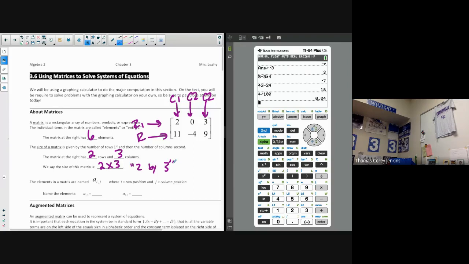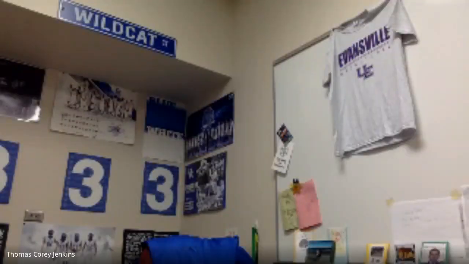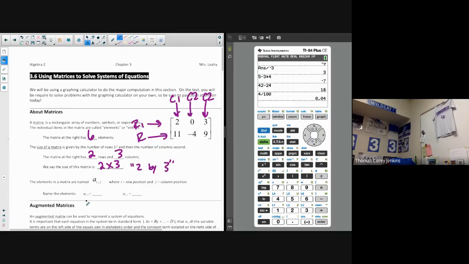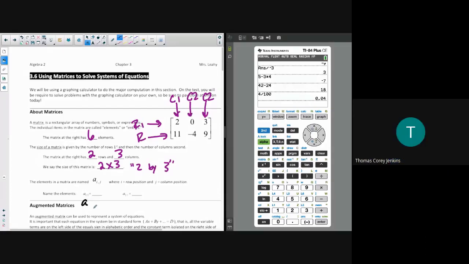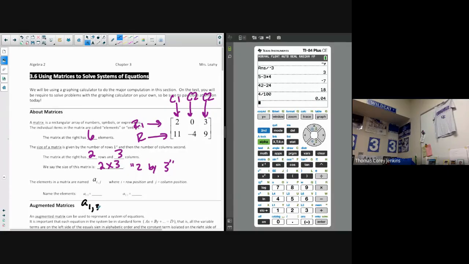All right, naming the elements. So again, what you have to remember here, that's hard to see. I'll rewrite it. That just says find the element A1, comma 3. All right, so A sub 1, comma 3.